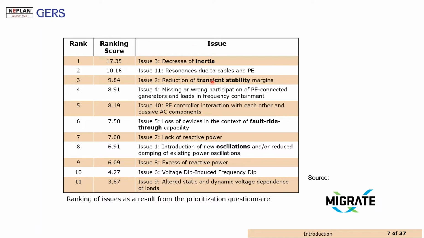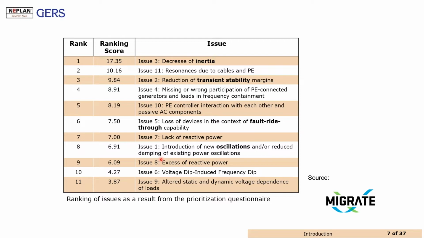Another context that we have here is the transient stability margins, since we have to provide different architectures on control systems for the operation of these kinds of resources. I also have here in the sixth position the fault ride-through capabilities, excess of reactive power, voltage dip induced frequency dip, and other kinds of issues that we have to attack due to the variable renewable energy penetrations.